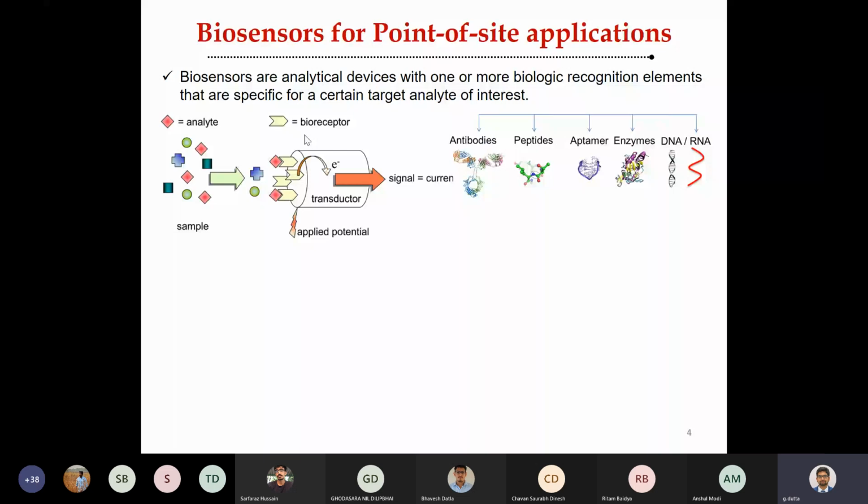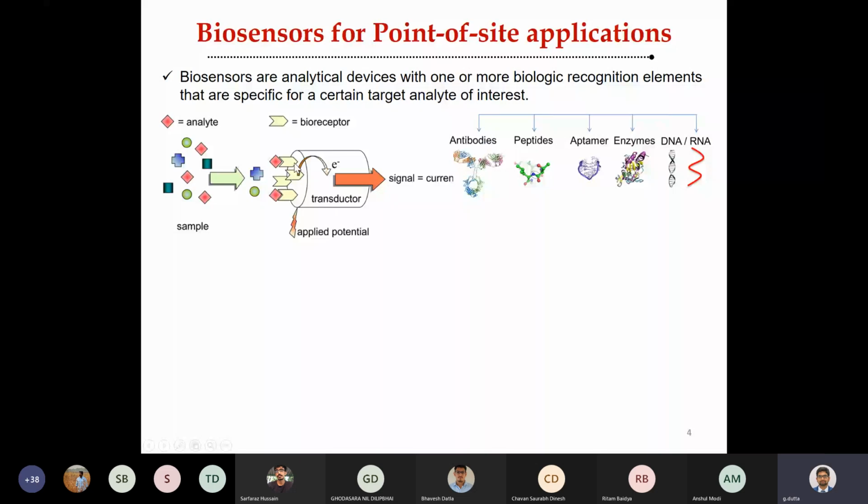If you have malaria, then the malaria protein we can detect with the help of a bioreceptor like an antibody. The biomarker is the disease target. The bioreceptor can be immobilized on the sensor surface, which we call the transducer.